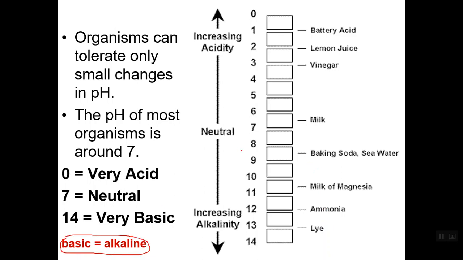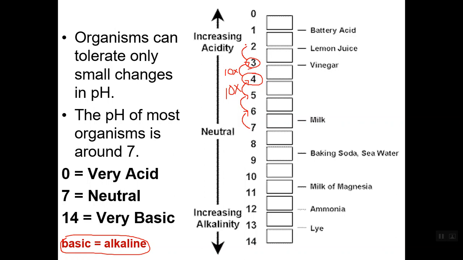The only other thing I want to add is that every time you go from one pH to the next, so one level to the next, you actually get 10 times more basic or more acidic. So if something has a pH of 4, it's 10 times less acidic than something with a pH of 3, right?